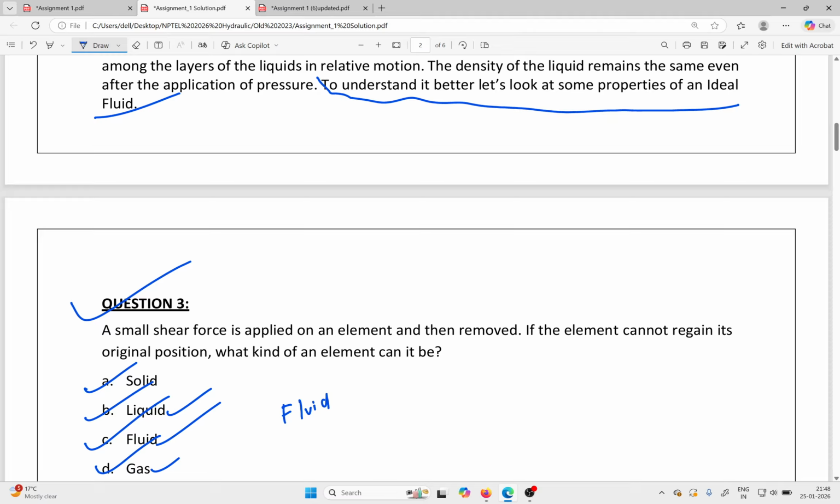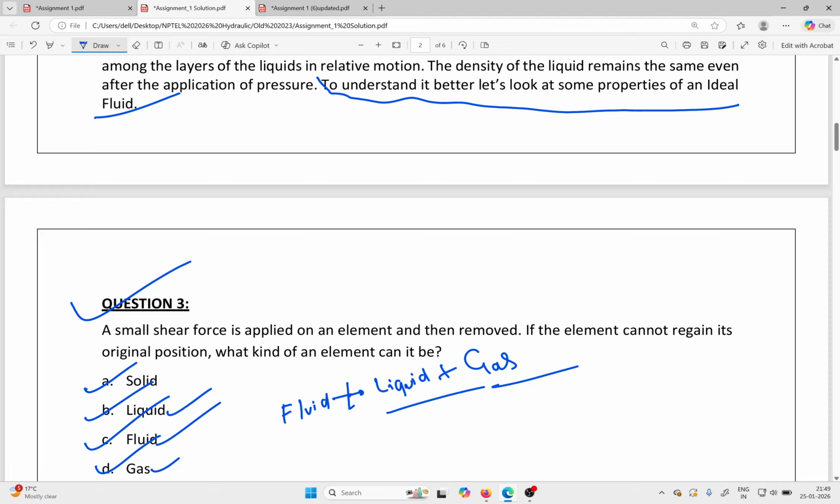By the way, for your information, fluid is the combination of these two: liquid plus gas. Combinedly, these two things, liquid and gas, we call fluid. If someone is telling you fluid, understand he's not telling only about liquid or only about gas.